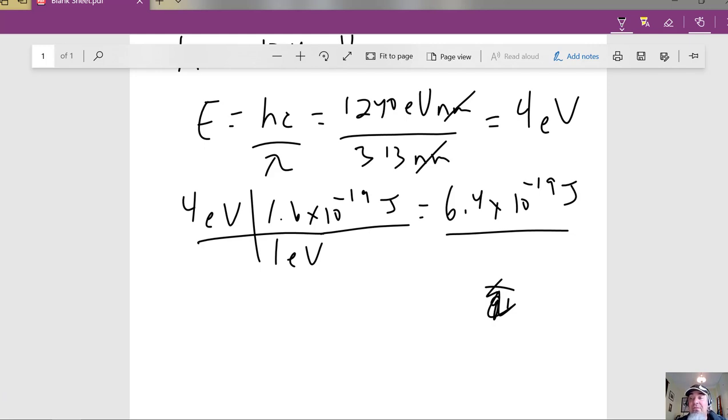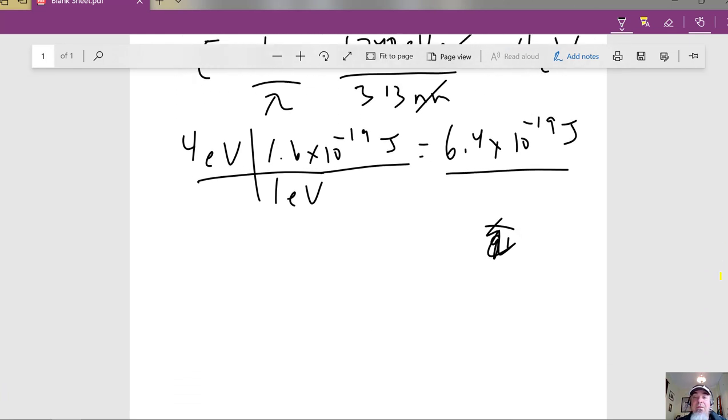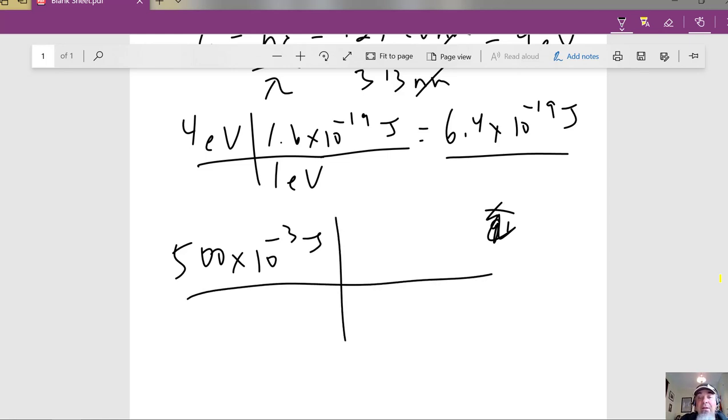That's the first part. The second part is how many photons do we have? Well, if you have a total energy of 500 millijoules, this is the total energy, 500 times 10 to the minus third, and then we know the energy for one, 6.4 times 10 to the minus 19th joules. That's for one photon. This is per photon. You can figure out the total amount of photons.